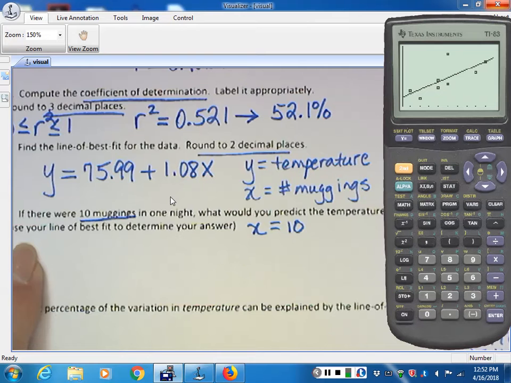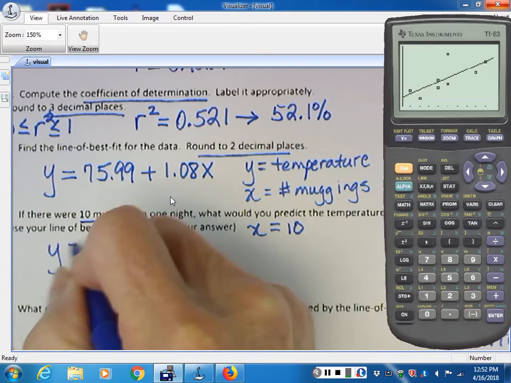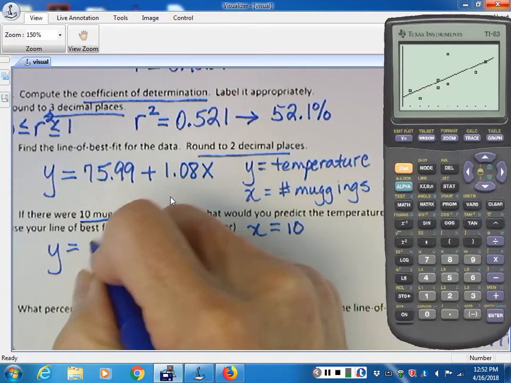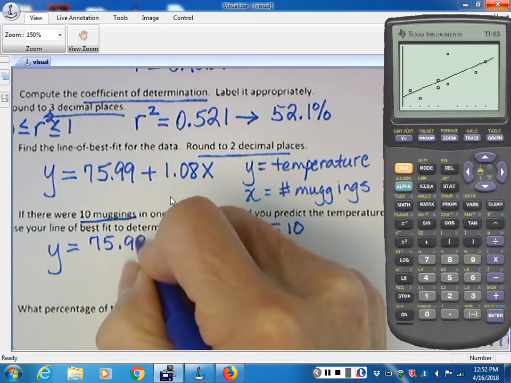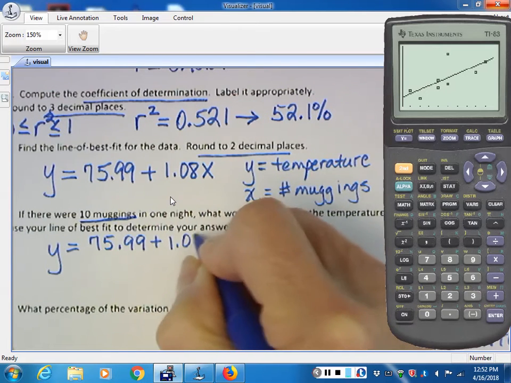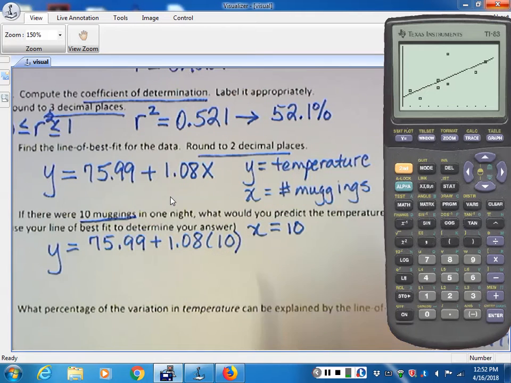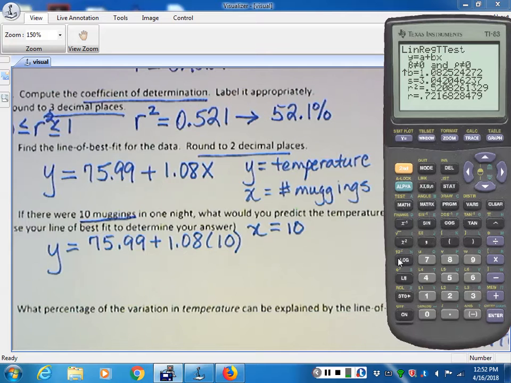That means take your line of best fit and plug in 10 for X. And you get 86.79.